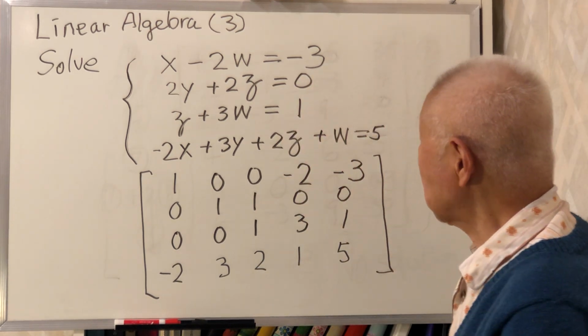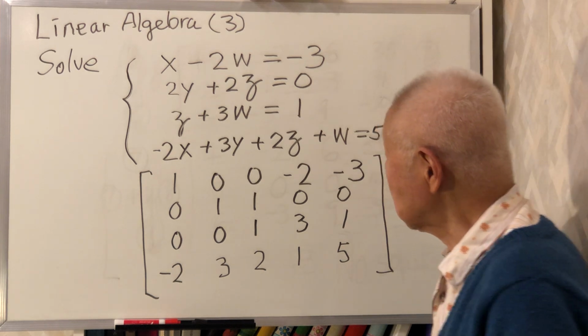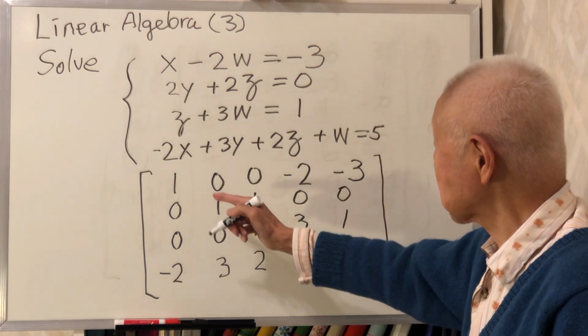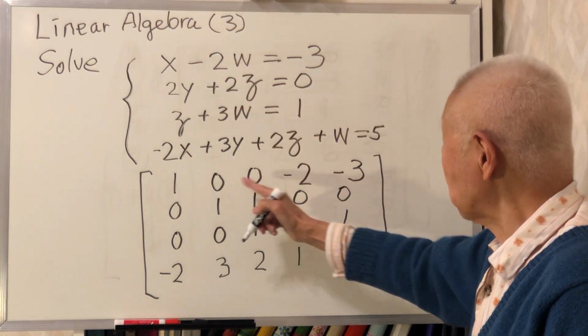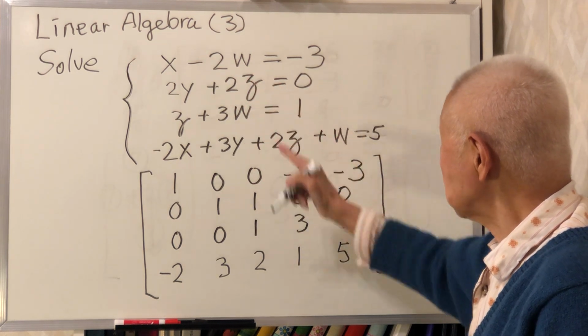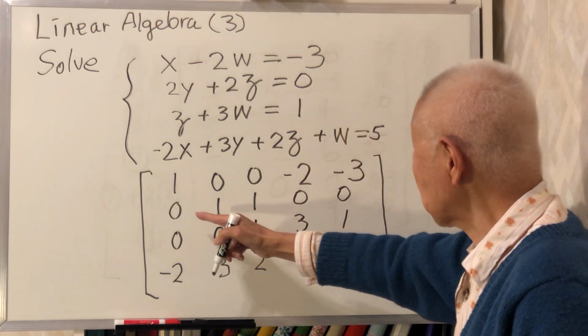Let's see whether I made this. I write this correctly. 1 and no y, no z. W is -2, -3. That's right.